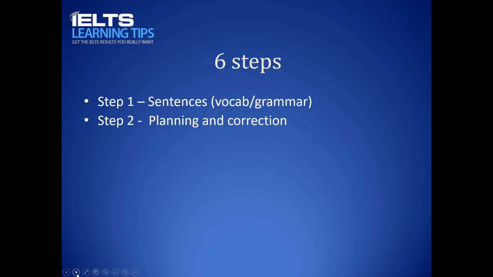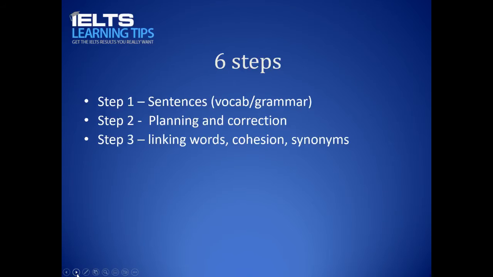Okay, then step 2, once you've done a lot of these sentences, and I'll explain what you have to do with them in a moment, then you move on to planning out your writing and also correcting. And I mean here correcting as you go along, so eliminating mistakes. Step 3 then is looking at linking words. How do you join your sentences and your ideas together?